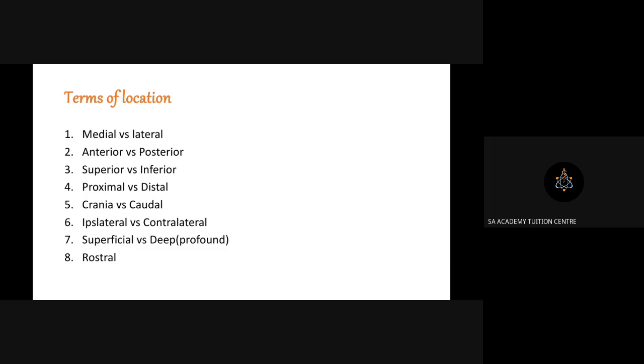Cranial or caudal, these are used interchangeably with superior and inferior when we're relating them to the transverse or horizontal plane. They are basically saying the same things. Cranial is towards the head, and caudal is towards the tail.